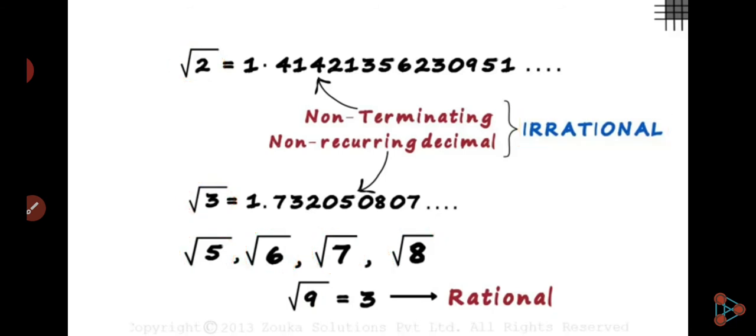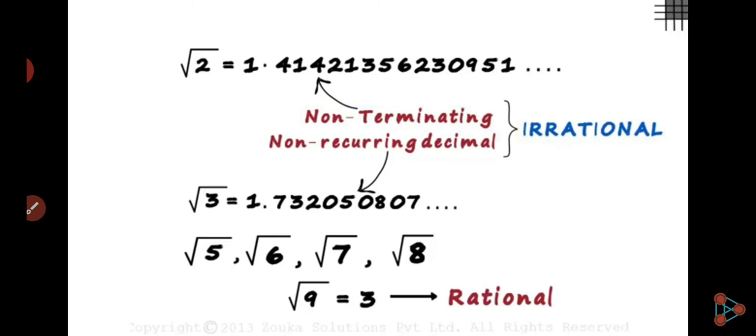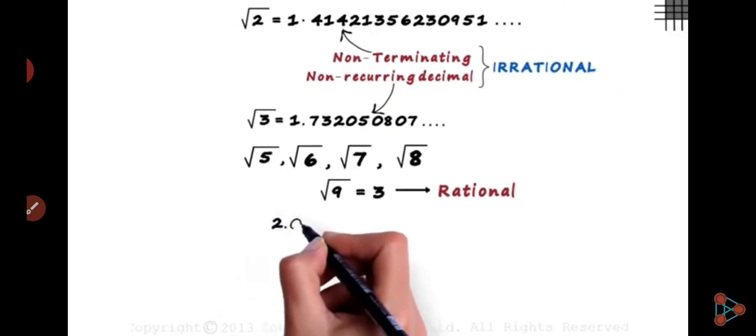If we find the root of a perfect square number, then it is a rational number. So these numbers are non-terminating and non-recurring, so they are called irrational numbers.